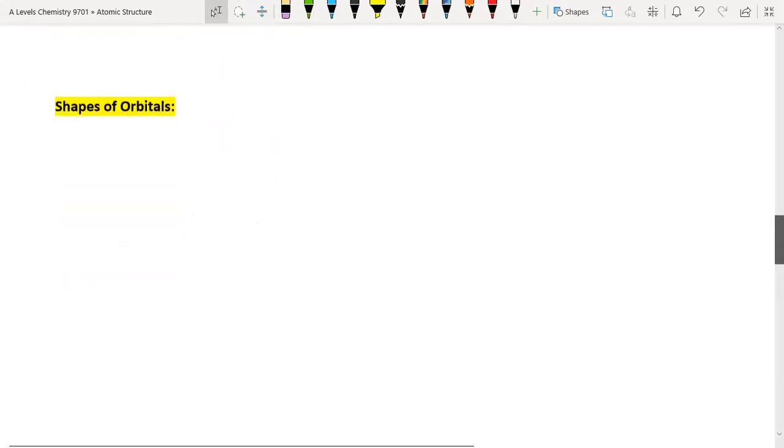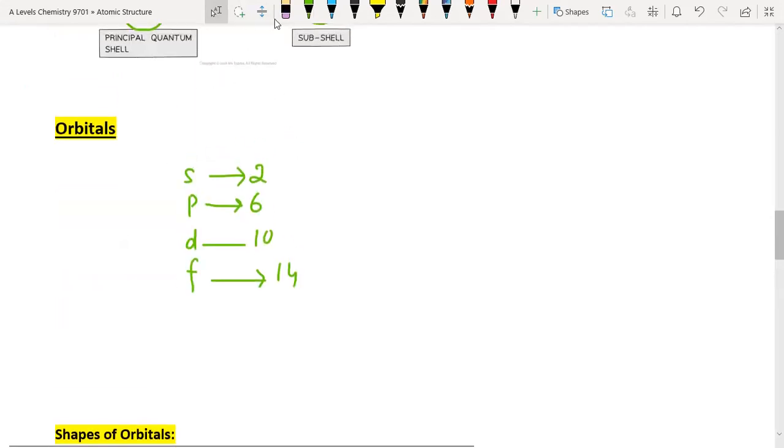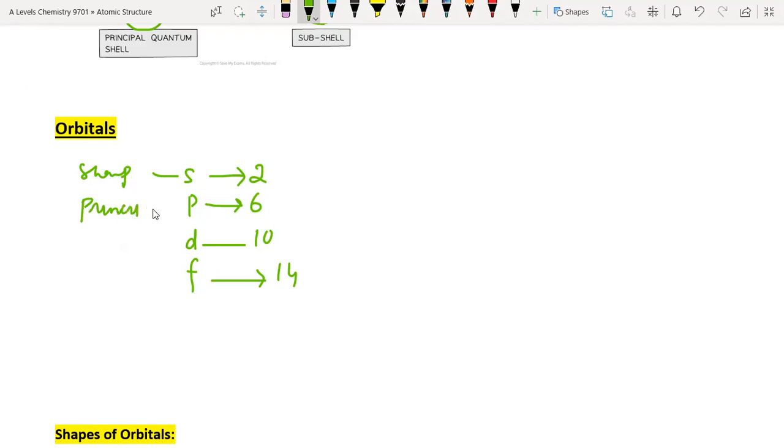One thing more I am to tell: S means sharp, P means principal, D means diffused, F means fundamental. Okay.